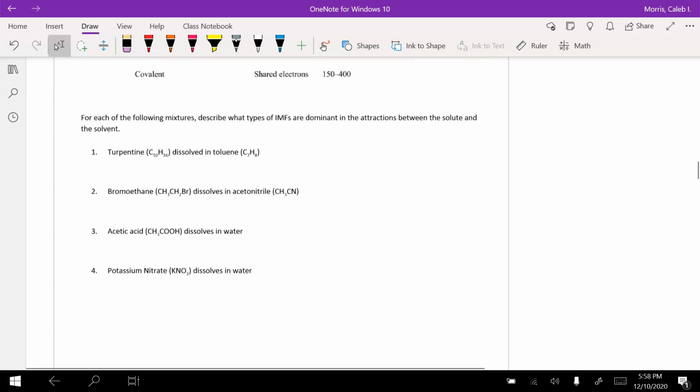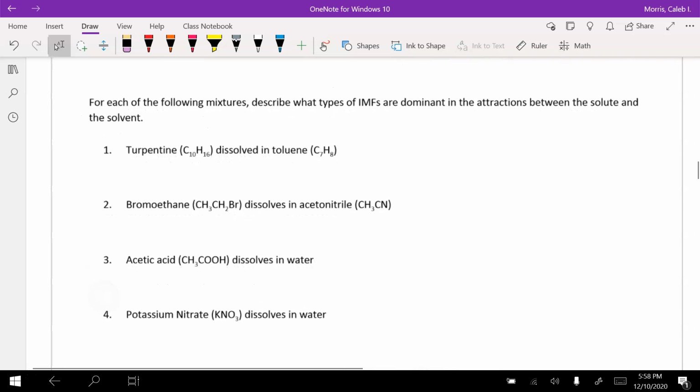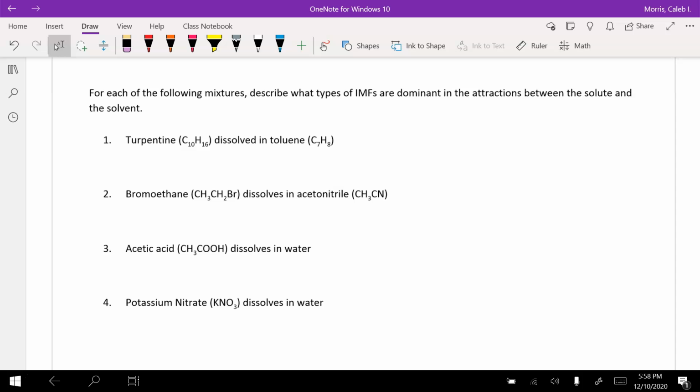Okay, so for each of the following mixtures, we want to describe what types of IMFs are dominant in the attractions between the solute and the solvent. So we don't need to list all of the IMFs, we just want to list the most dominant. So a way of thinking about this, if there is a dipole, but there's no OH or FH or NH bonds, we would say that the most dominant is dipole-dipole.